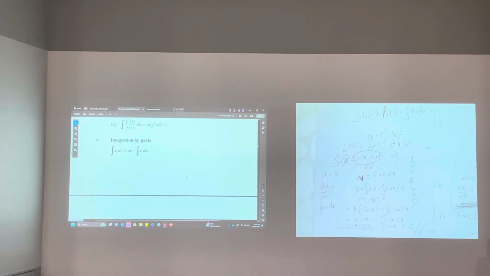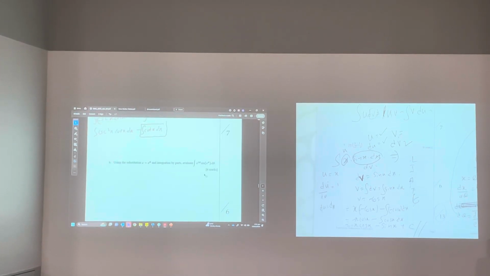This question is difficult because you have to use integration by substitution to simplify the question and then use by parts. Instead of them giving you this one as the question, they could have given something like e to the power theta times sine theta, and you can directly do integration by parts.